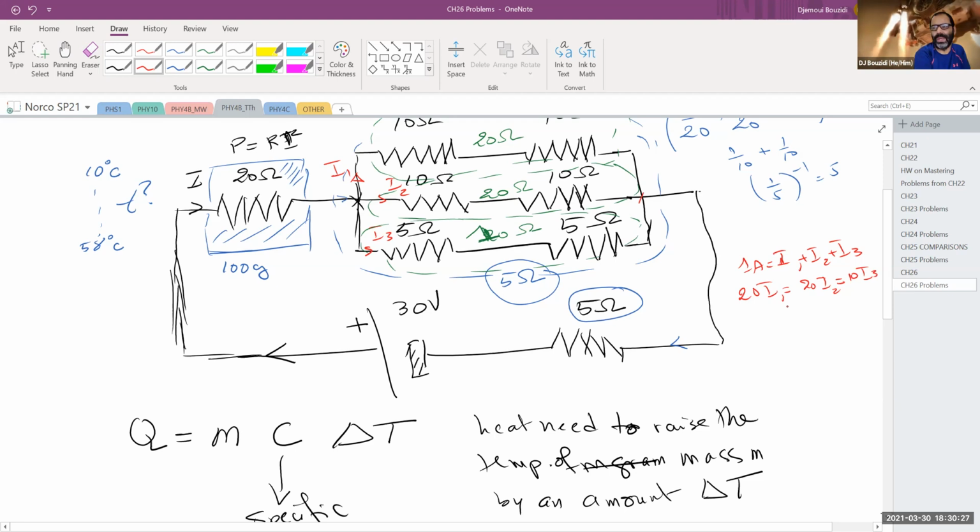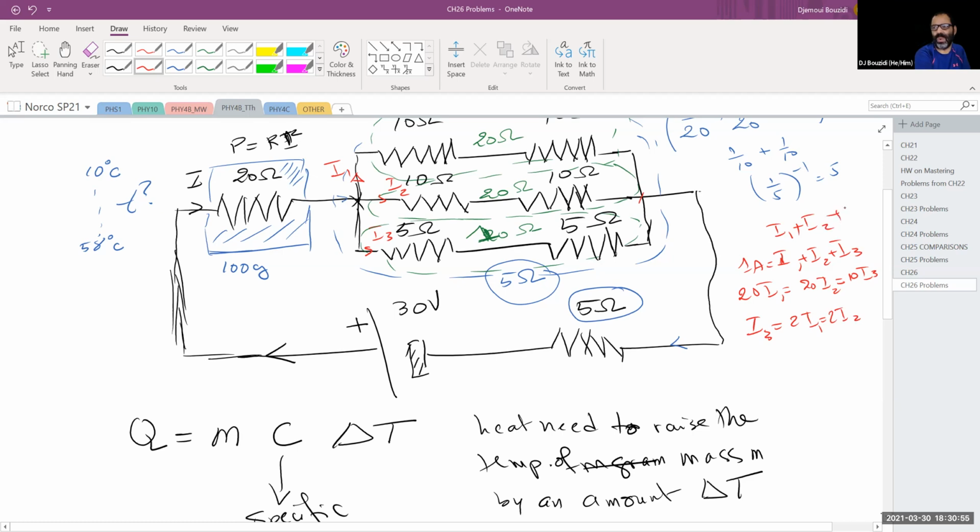So I could get rid of one of these I's. I could get rid of I2 and I3 and use just I1, or do it the other way around, I'm sorry. Clearly I3 is equal to 2 times I1, which is the same thing as 2 times I2. So in this case, this is I1 plus I1, because I2 is the same thing as I1 from this relationship.